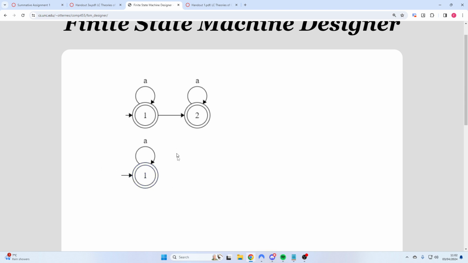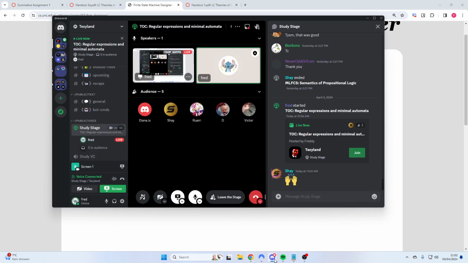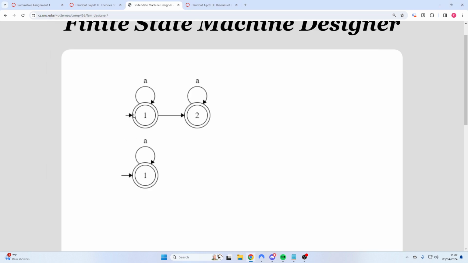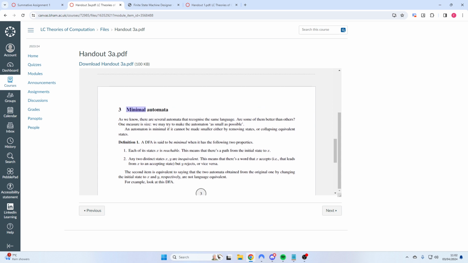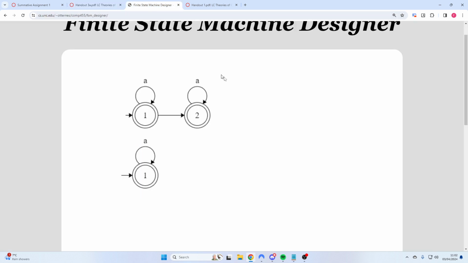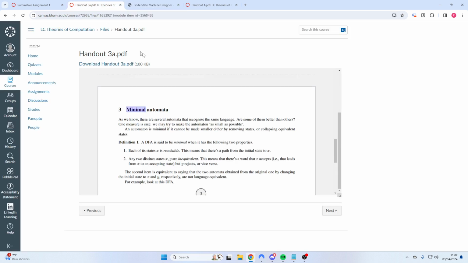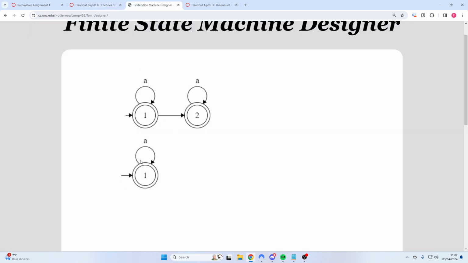There's no string in the second one that the first one wouldn't also accept, and vice versa. So the first one is not minimal. It contains more states, so it's more to store. There's two ways we can check this. Obviously by eye we can see this is not minimal and this is minimal, because there's no way we're going to make this any smaller.